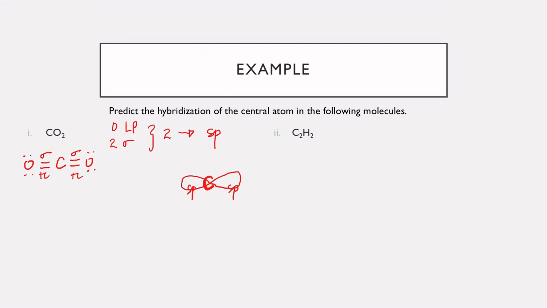Macam tu. Okay. C2H2. Let's look at just one of the carbons. So at this triple bond here, you have 1 sigma, and the other 2 are pi and pi. And you have another sigma, right? So at carbon, you have 2 sigma, 0 lone pairs.